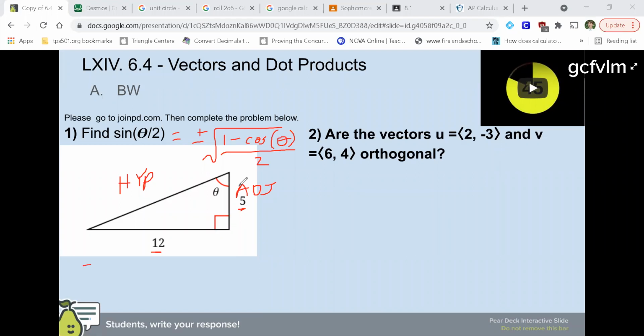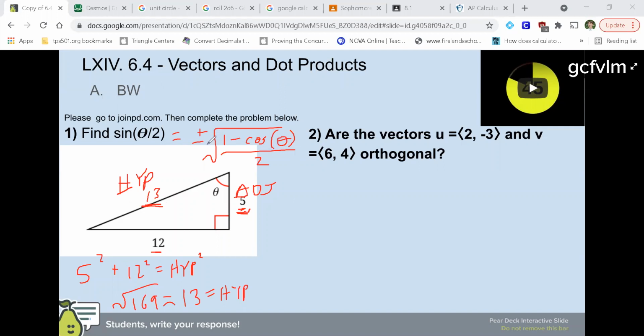Pythagorean theorem. 5 squared plus 12 squared is the hypotenuse squared, which gives you 25 plus 144 is 169, and the square root of 169 is 13. And so our cosine will just be 5, our adjacent, over our hypotenuse, 13.